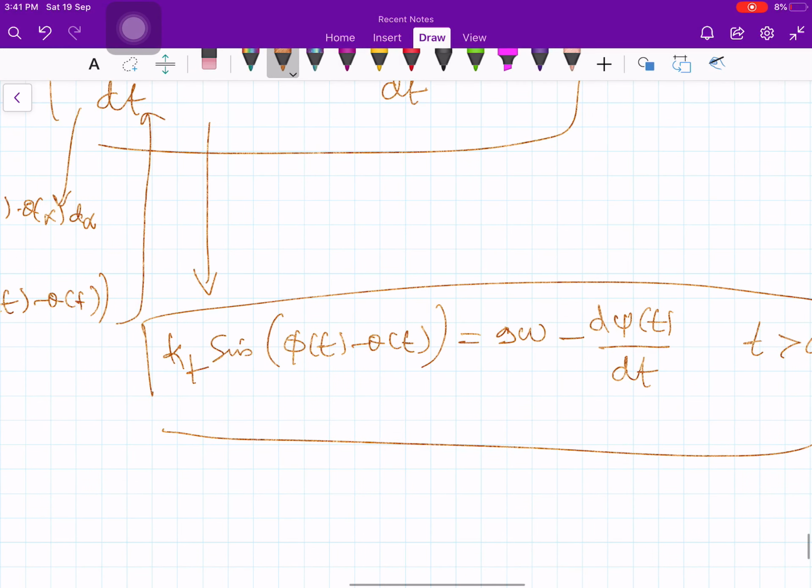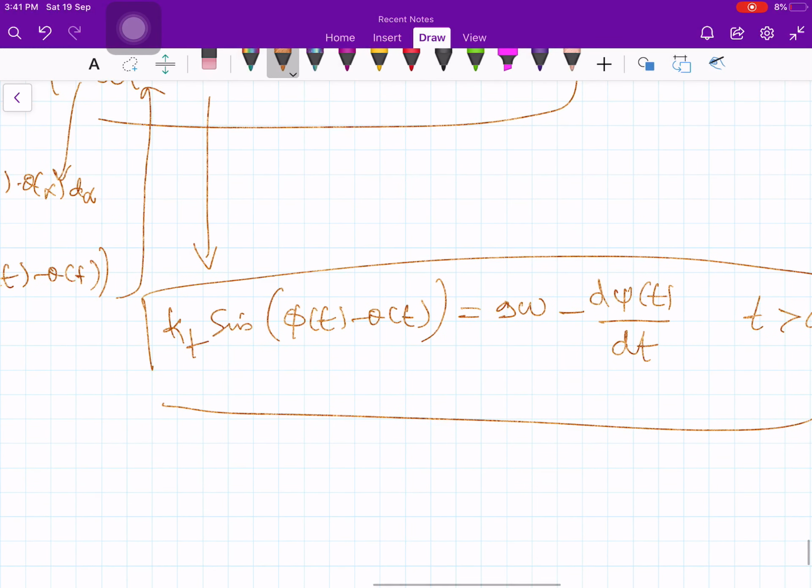So what do I have now? Basically I have derived this equation. So I have a differential equation for the phase error.